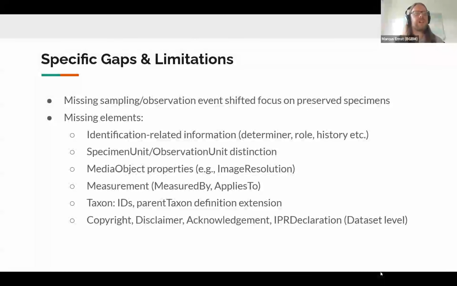For example, identification-related information, here especially the determiner, which is the person who identified a specific species, but also determination history, is currently impossible to map to Bioschemas.